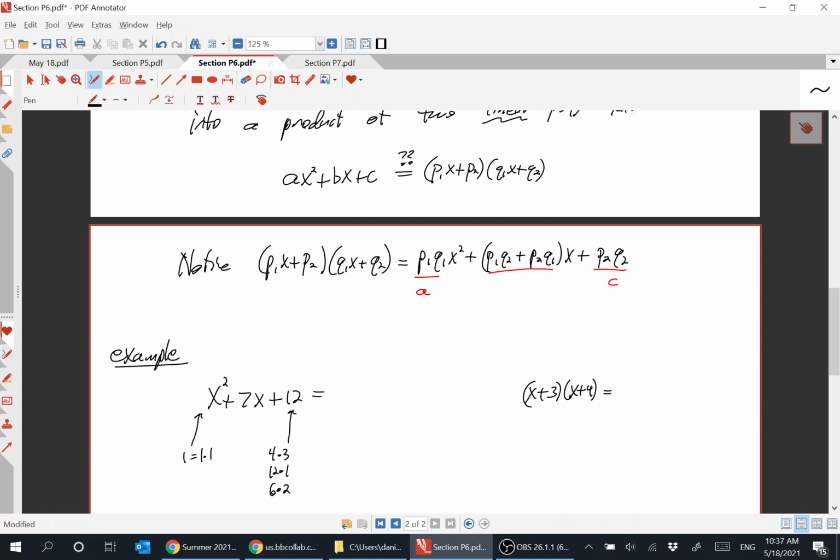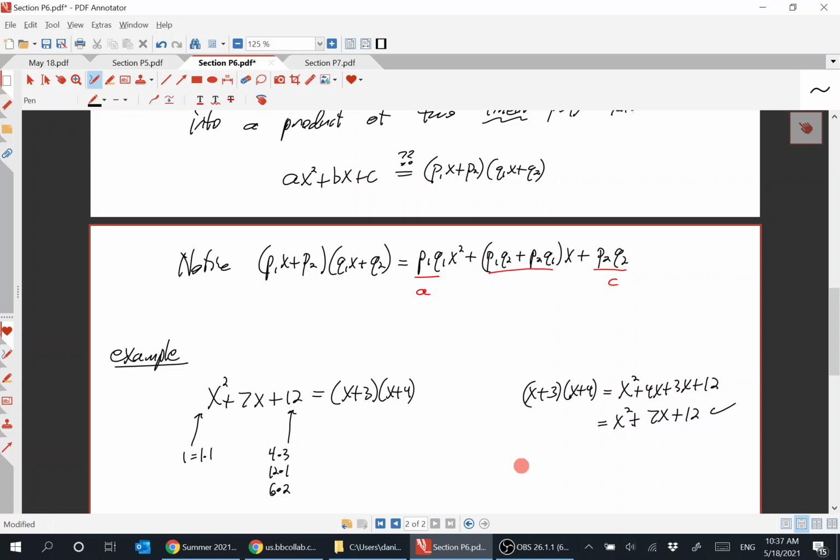X plus 3 times x plus 4. Well, it's first, outside, inside, last. So that's x squared plus 4x plus 3x is 7x plus 12. So that works out. So x plus 3, x plus 4. So that one did work.